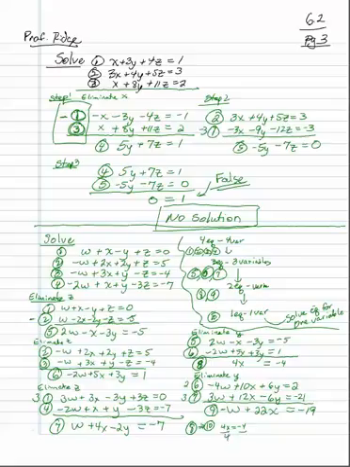Divide by 4, so x equals negative 1. And then from there, you're going to take the one variable, plug it into equation 8 or 9, and solve for a second variable.